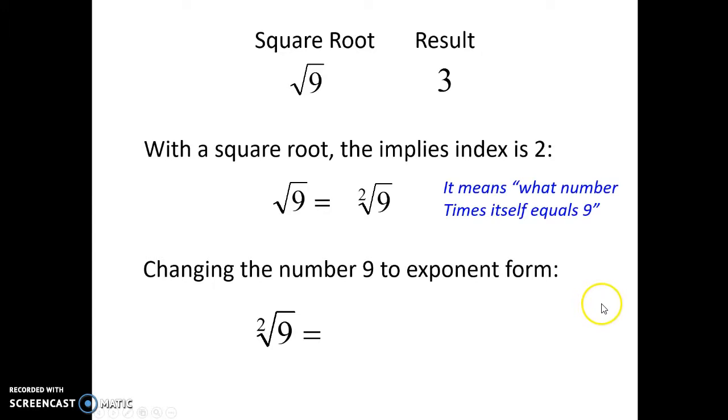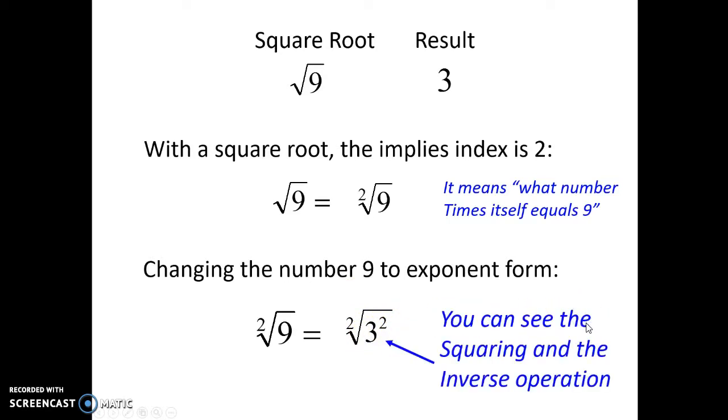Changing the number 9 to exponent form, if I take the square root of 9 and put it in exponent form, it's the square root of 3 squared. You can see the squaring and the inverse operation here. And that equals 3.